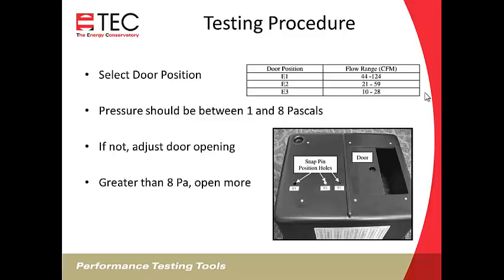So you want to open that gate to a larger setting if it's greater than 8 pascals. And if that reading is less than 1 pascal, it'll be reading low on the gauge, and you'll want to close it more to get the pressure higher. So greater than 8 pascals, open more; less than 1 pascal, close it more.